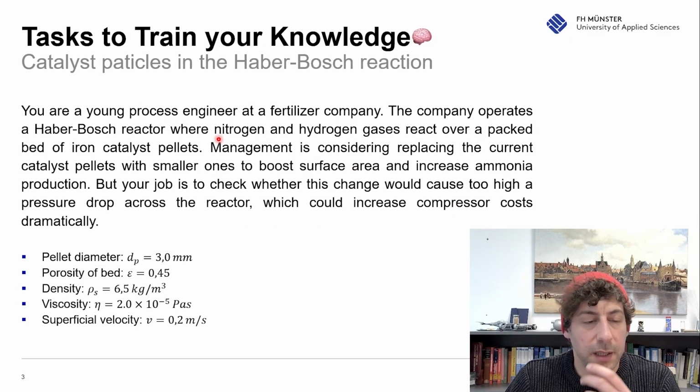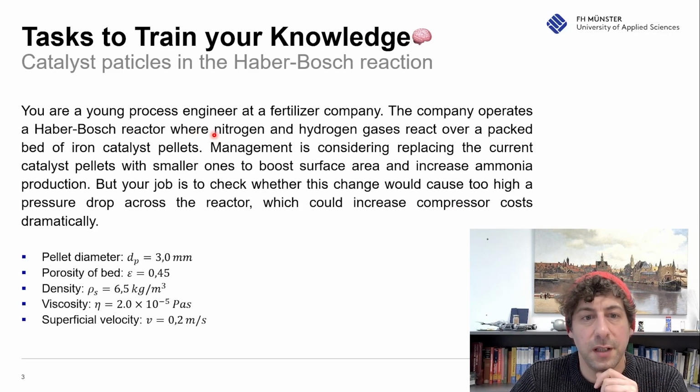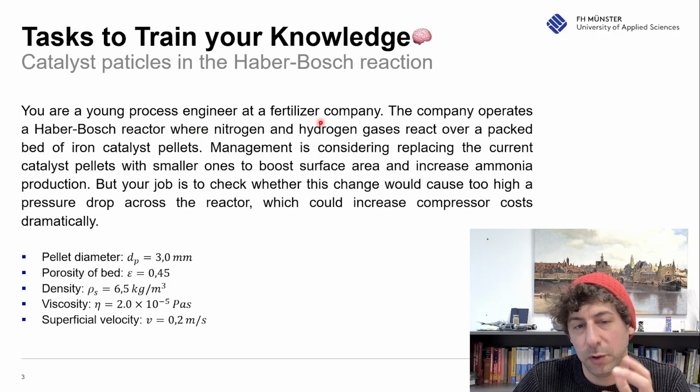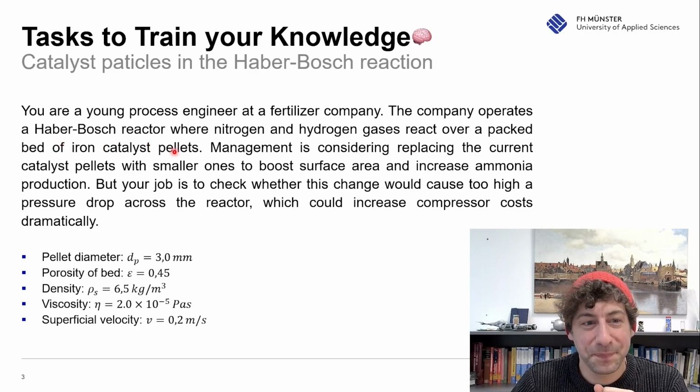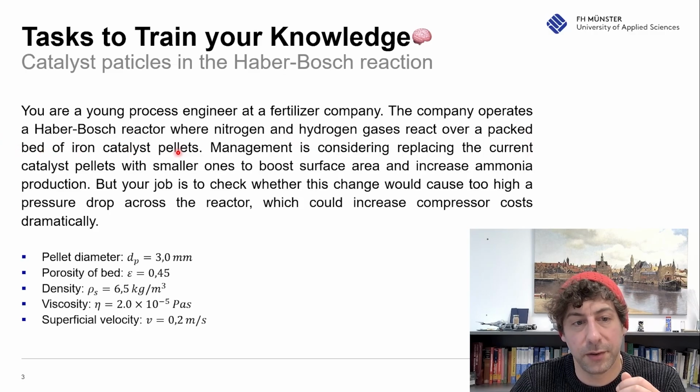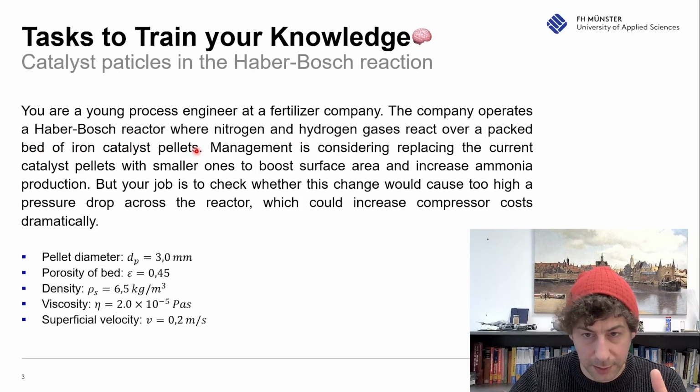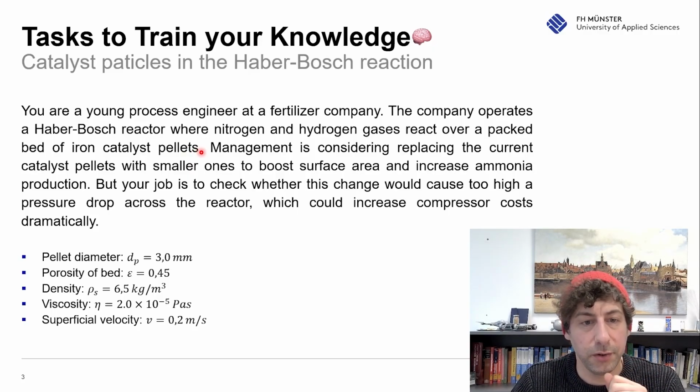So imagine you're a young process engineer at a fertilizer company, maybe you know one or two, a famous German one maybe. The company operates a Haber-Bosch reactor where nitrogen and hydrogen gases react over a packed bed of iron catalyst pellets. So we have iron particles and we have nitrogen and hydrogen gas, and they react due to the catalyst particle.